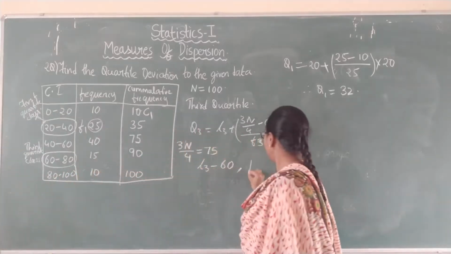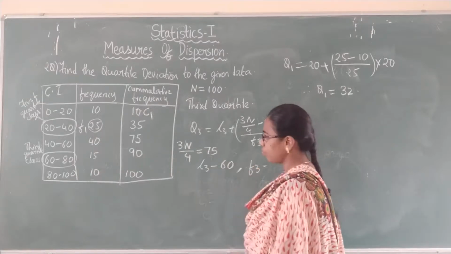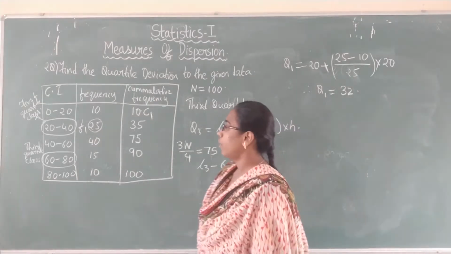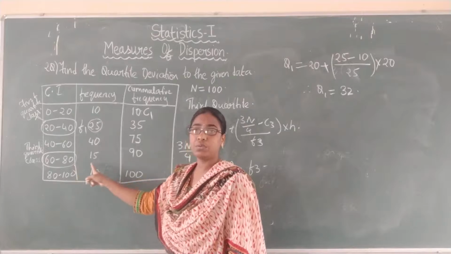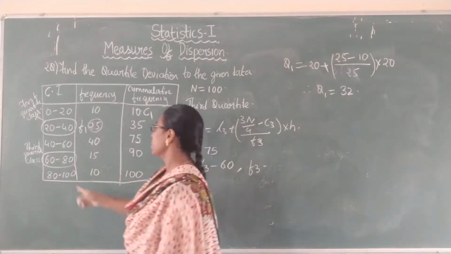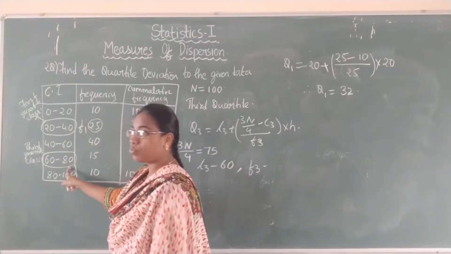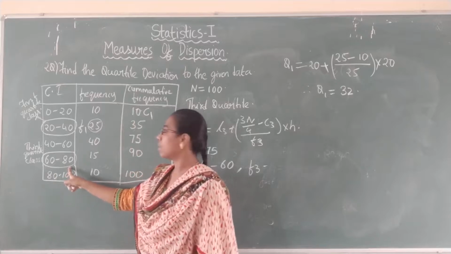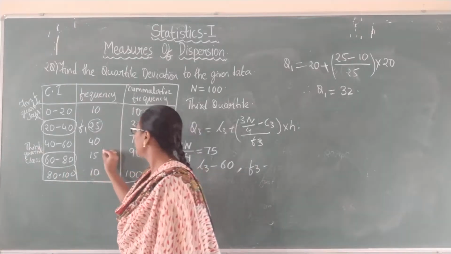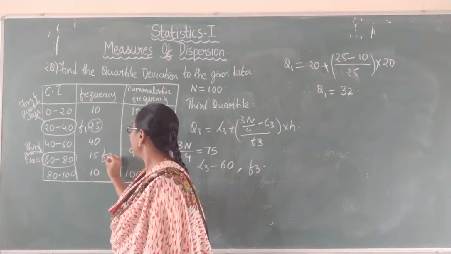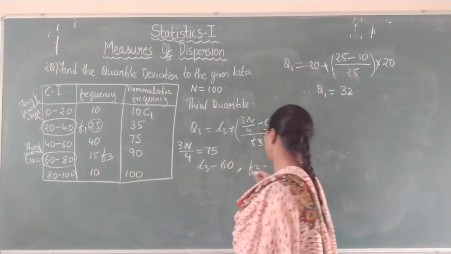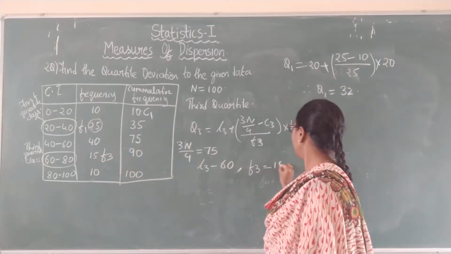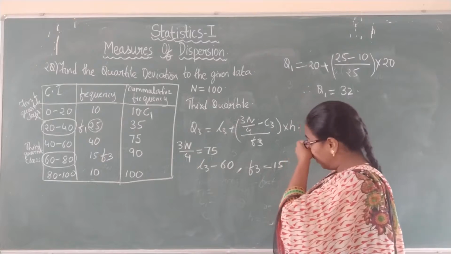Next F3. F3 is the frequency corresponding to the third quartile class. For 60 to 80, the frequency is 15. So F3 equals 15.